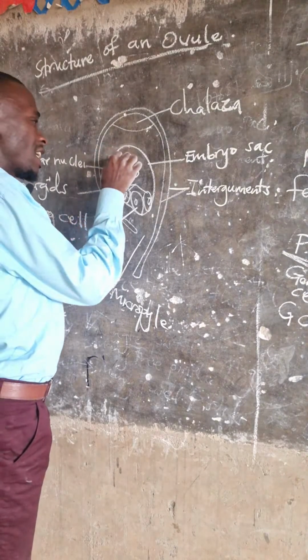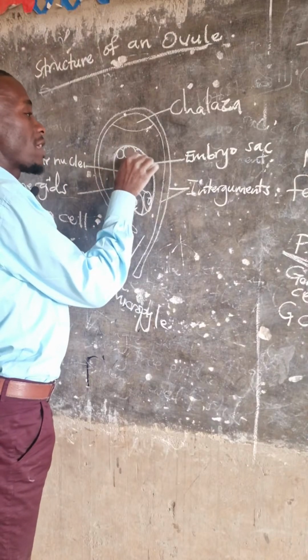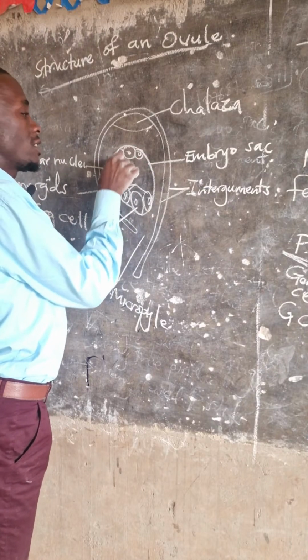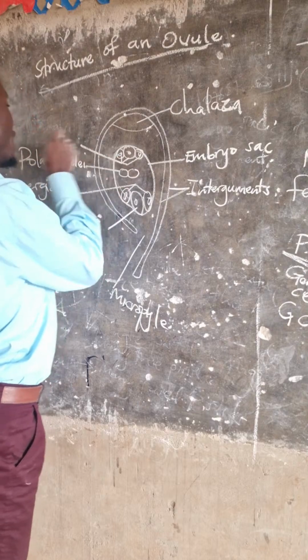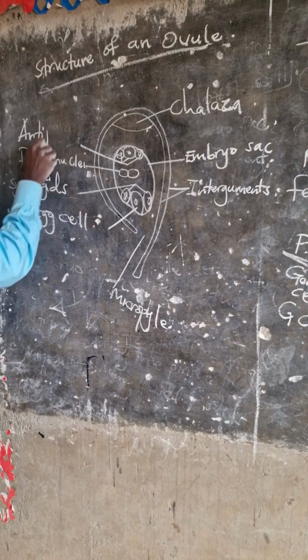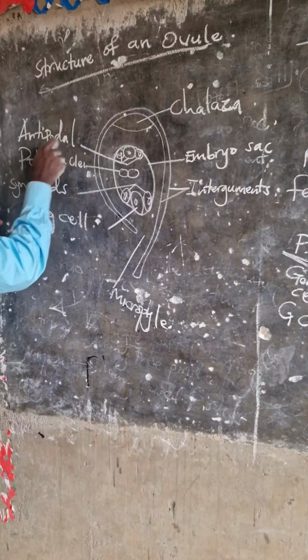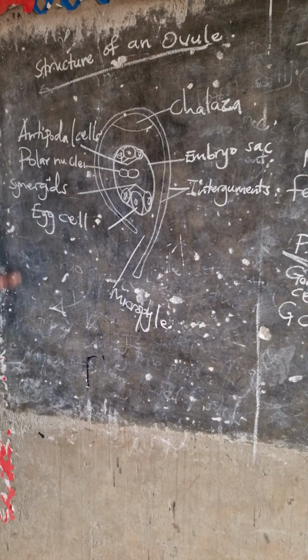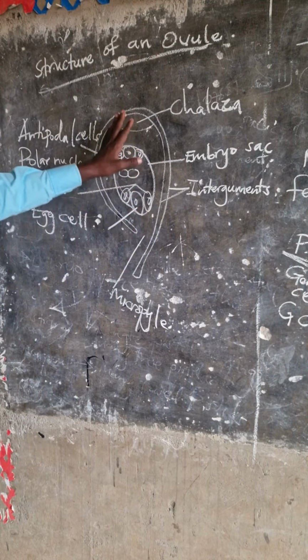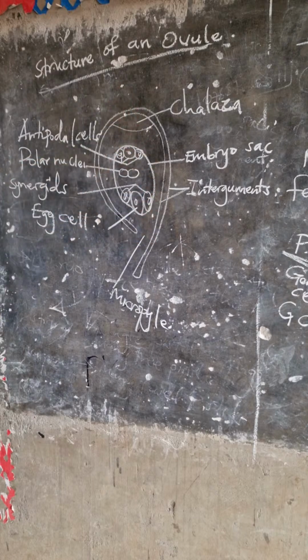Above which there are 3 cells, collectively known as the antipodal cells. So you must know the structure of an ovule, majorly the egg cell, the antipodal cells, the micropyle.